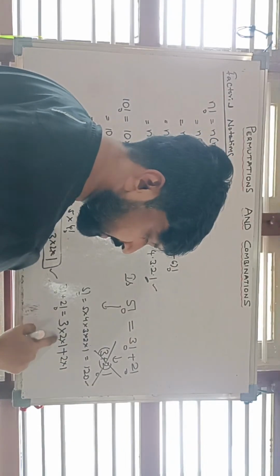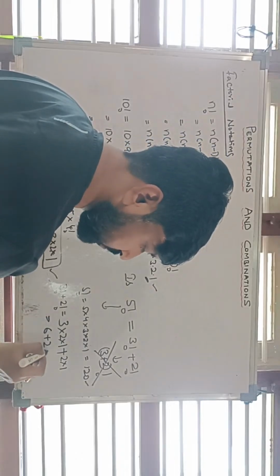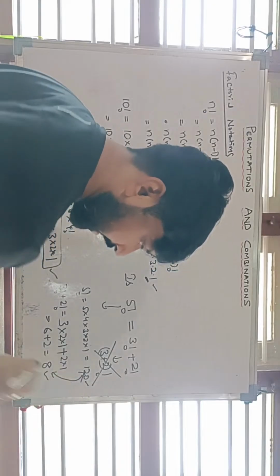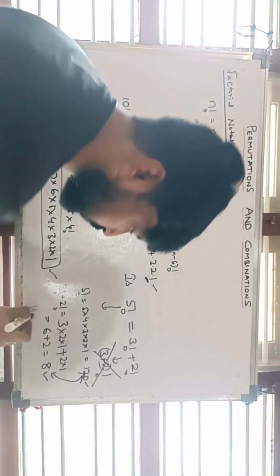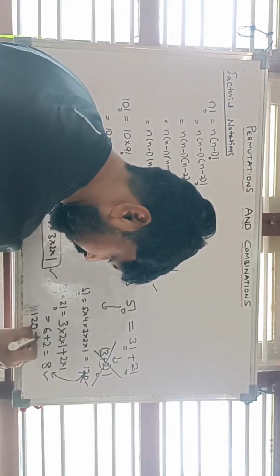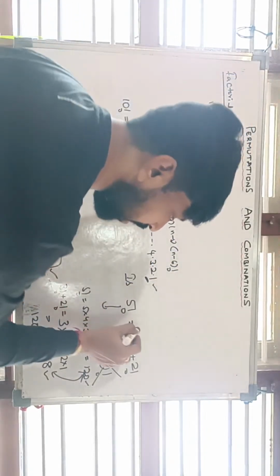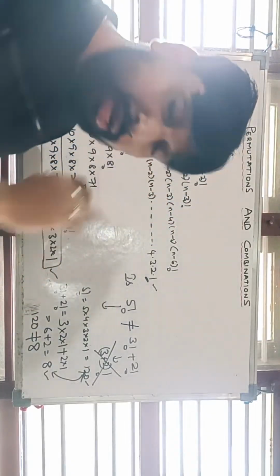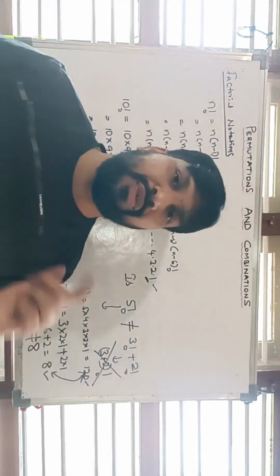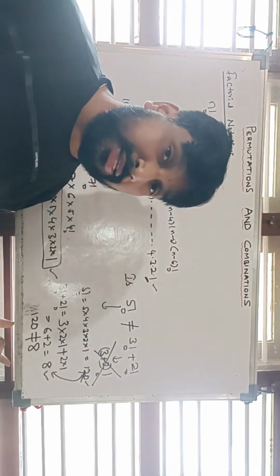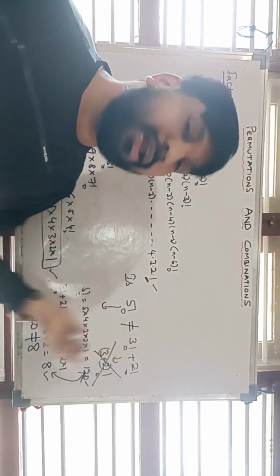So 3 twos are 6, plus 2 ones are 2. 6 plus 2 is equal to 8. Are 120 and 8 the same? 120 is not equal to 8. So 5 factorial is also not equal to 3 factorial plus 2 factorial. You need to discuss this kind of question like this, with LHS and RHS.